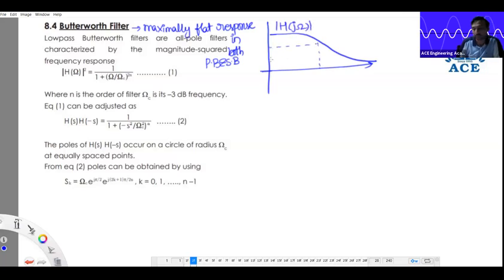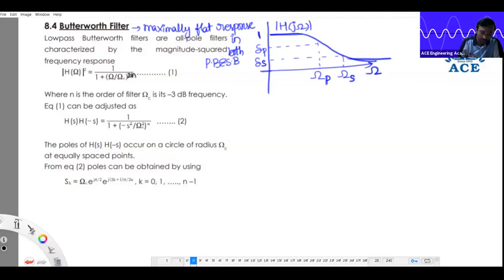Listen everyone carefully, sir. It has a flat response in pass band as well as stop band. The magnitude square frequency response given by Butterworth is this formula: 1 by 1 plus omega by omega c whole power 2N.